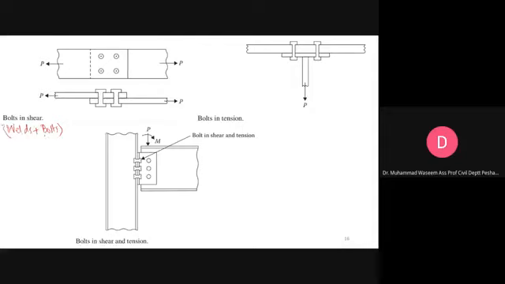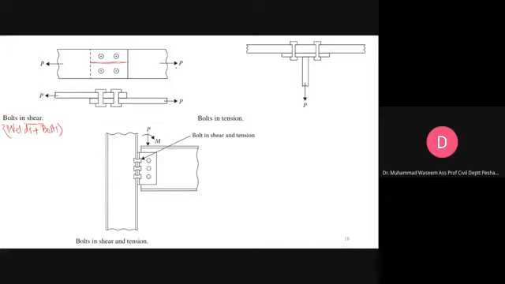The welds and bolts, through a connection, may be subjected to shear forces. This is an example of a simple connection. As I told you, there are two types of connections. If the applied or resulting force passes through the centroid of a connection, we call it a simple or concentric connection.